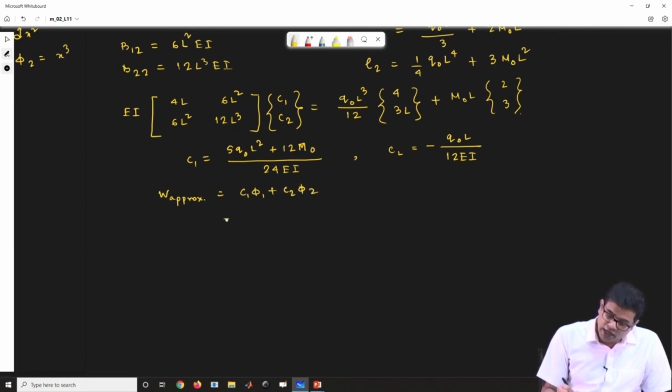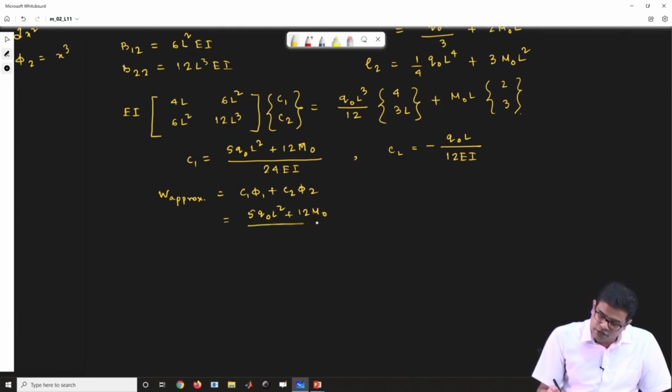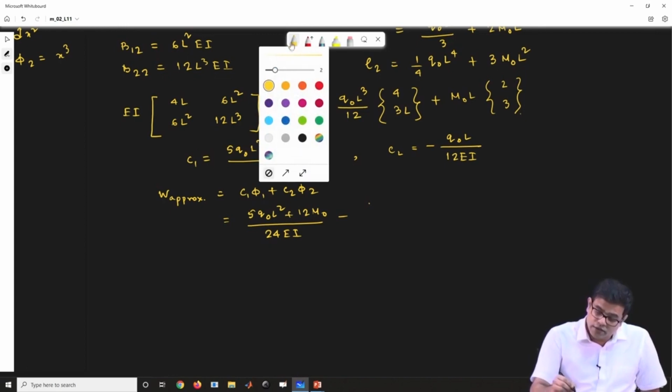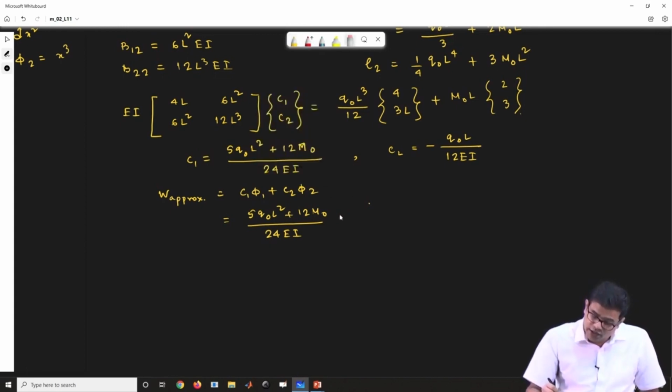So I can write it as 5Q0 L square plus 12 M0 divided by 24 EI, this is C1, then I have to put phi 1 as x square, then minus Q0 L by 12 EI x cube.